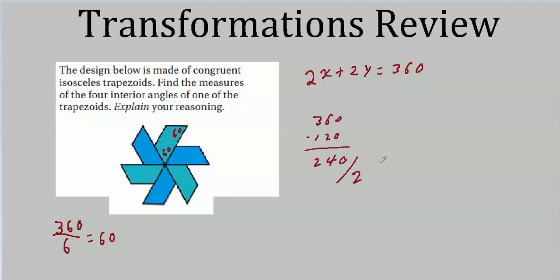So I divide it by 2 and I get 120, which means that each of these is 120 for both. Where transformations came into this was recognizing that this had 60 degree rotational symmetry from this equation here, and this turned out to be unused. All we needed was our rotational symmetry. That gives us this angle, and then we can work out the rest from what we know about isosceles trapezoids.